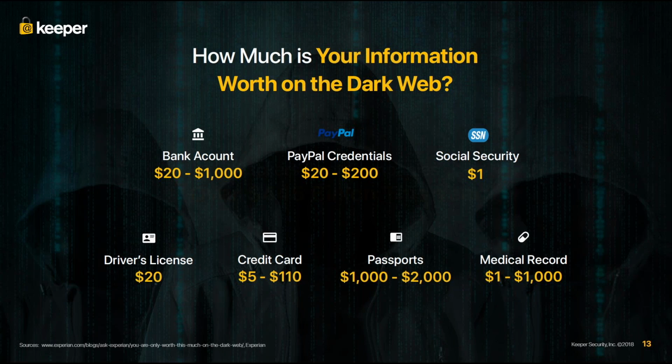Passports go for anywhere from $1,000 to $2,000 per unit, and medical records, which used to be more, we do see some go up to $1,000 depending on who it is, but on average I'm seeing them at about $300 right now on the dark web. And medical records are really great records to steal because most often they contain all of the PII, which we call a FOLS, and that is a complete record on an individual.